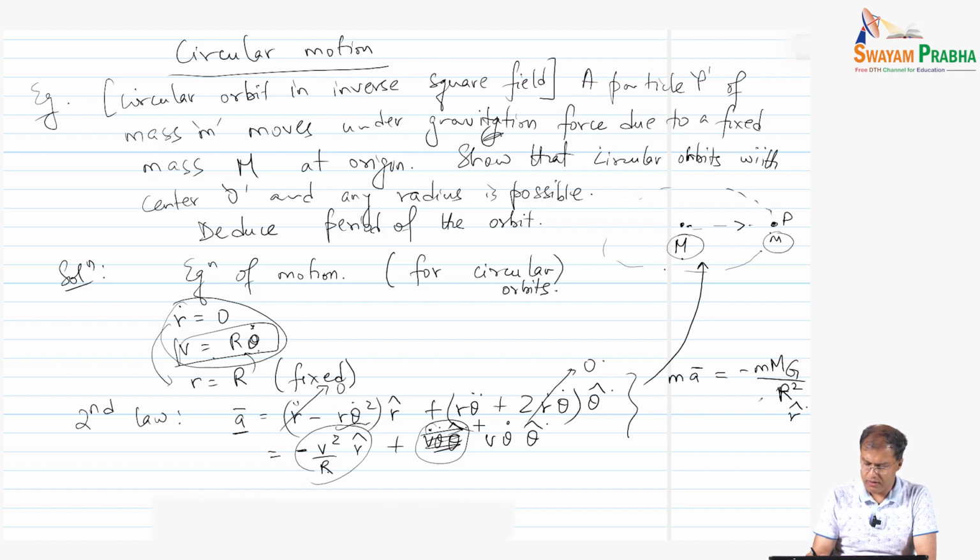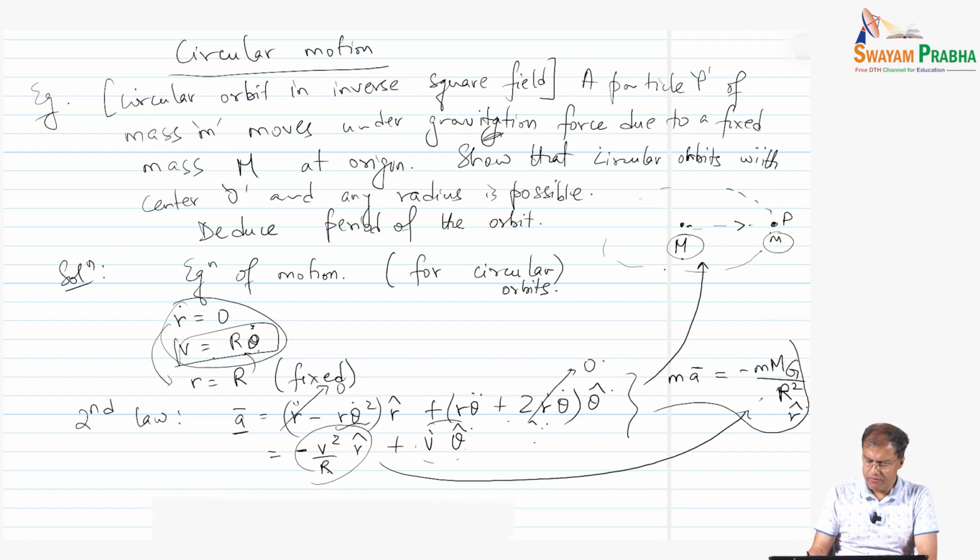So v dot is r theta double dot. No, I think this was right earlier. So we have V dot theta hat along the tangential direction, and comparing with the acceleration from the gravitational force of attraction, my equations read as follows.